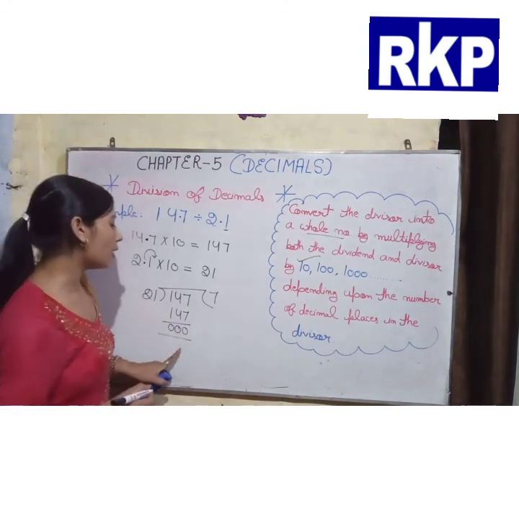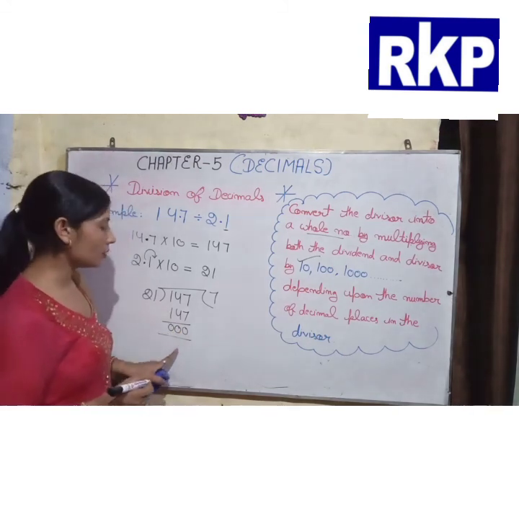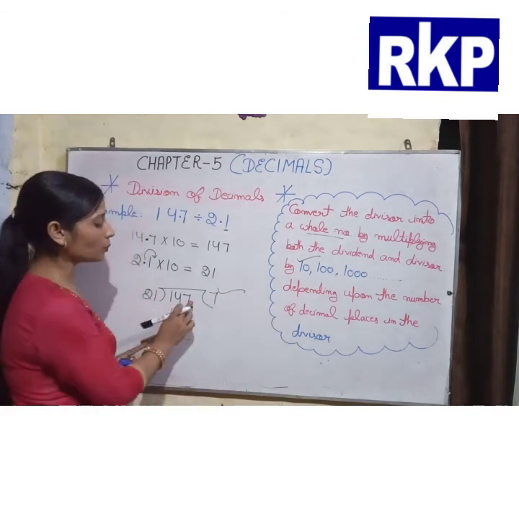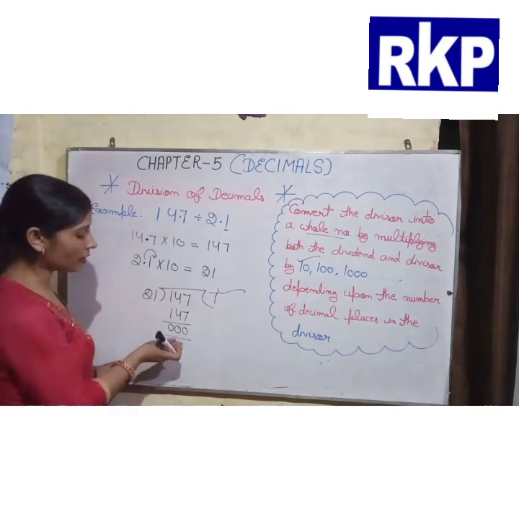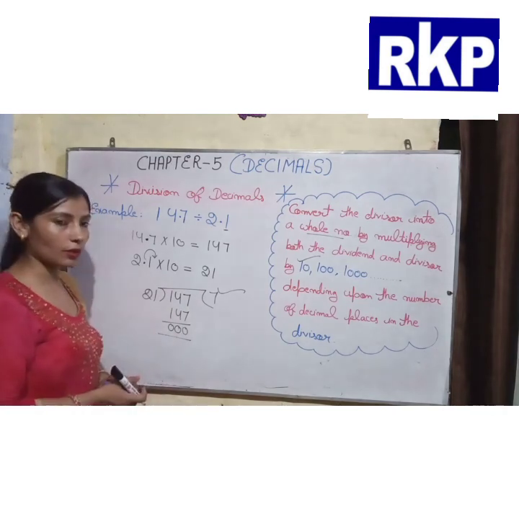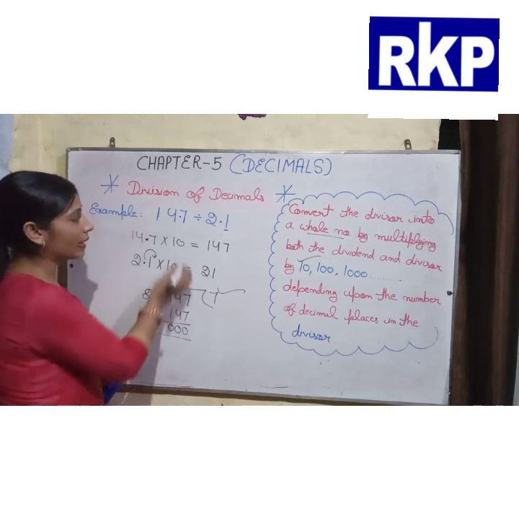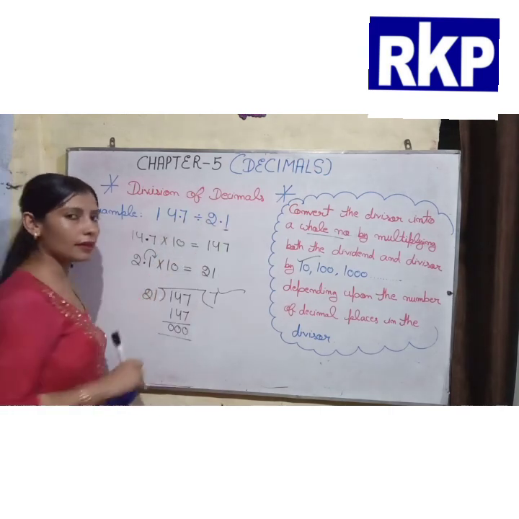Okay, so now we have remainder is 0. So our quotient will be only 7. No need to put here decimal point because here we have remainder only 0. Okay, I hope you all have understood how can we divide a decimal number by a decimal number.